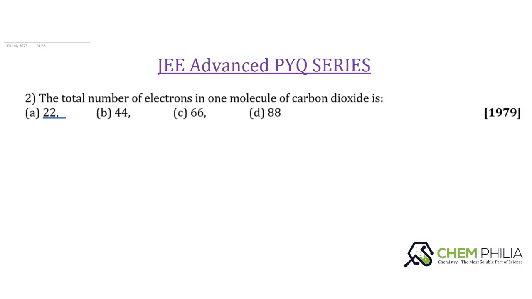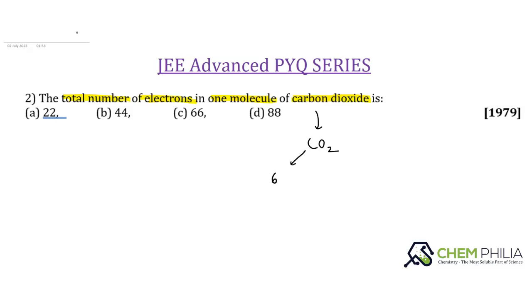The next question is probably the easiest question of them all. We have to calculate the total number of electrons, right, in one molecule of carbon dioxide. Clear? Now carbon dioxide, it's CO2, right? Now we have to get the total number of electrons. Now carbon's atomic number is 6, right?